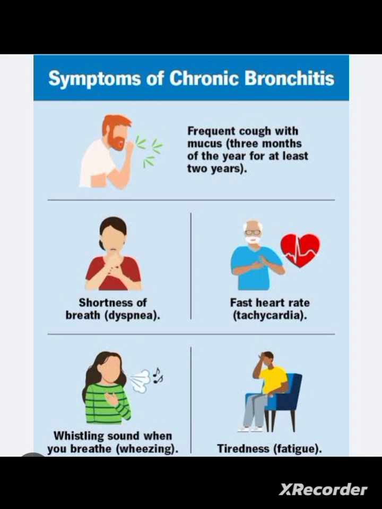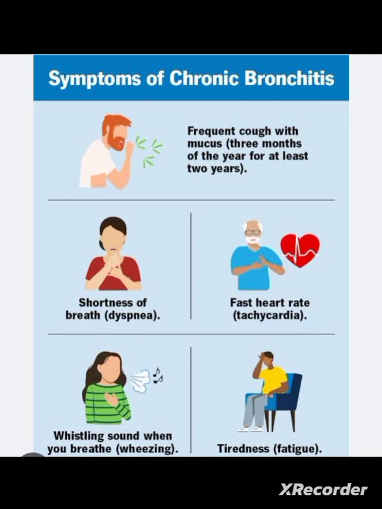That is frequent cough with mucus, for 3 months of the year for at least 2 years. So the chronic bronchitis person will have recurrent episodes of bronchitis, with frequent cough at least for 3 months of the year. Then shortness of breath or dyspnea, fast heart rate, and tachypnea will also be present.